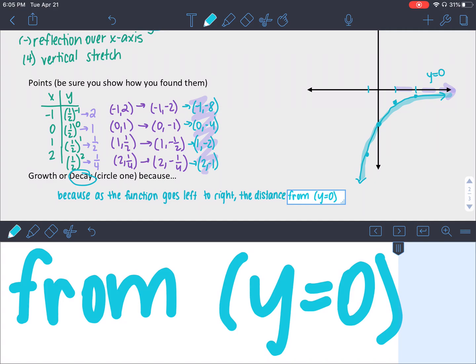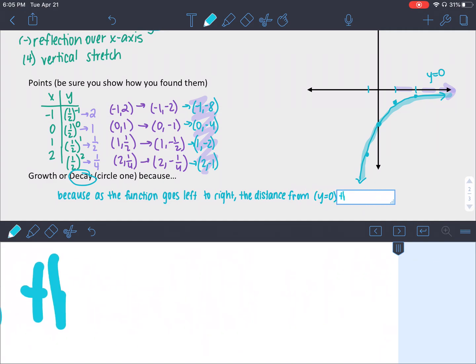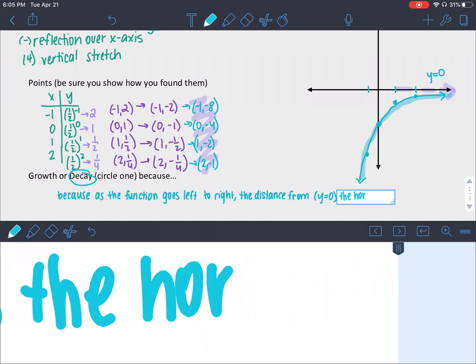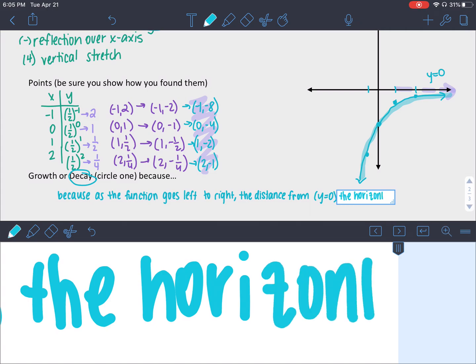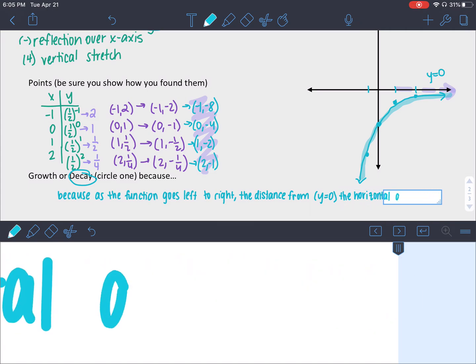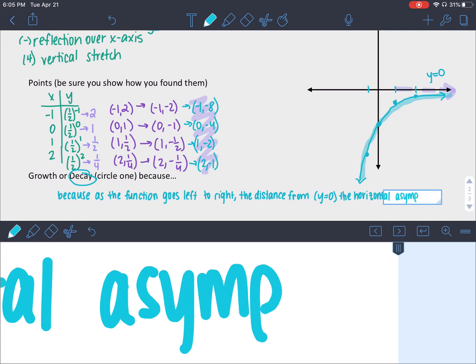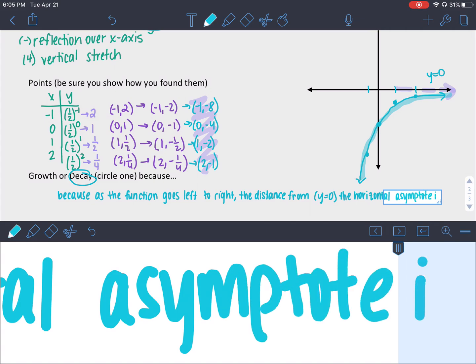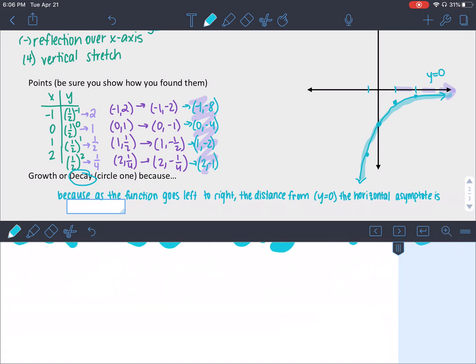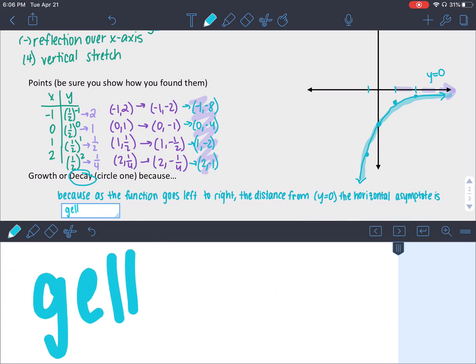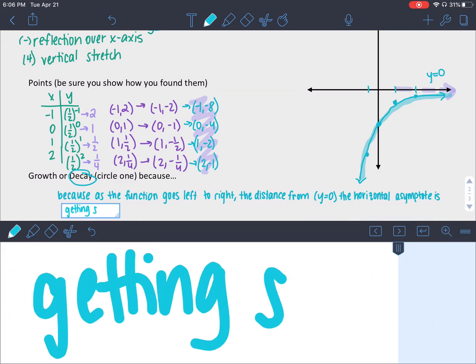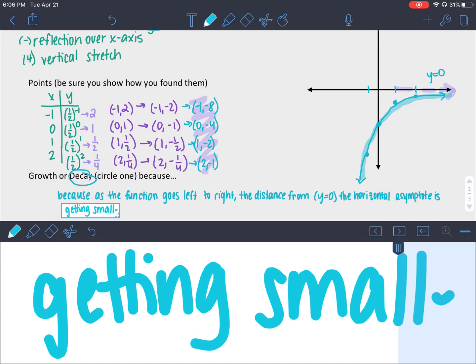You could also say the horizontal asymptote, because that's actually what it is, getting smaller. So either way, you could talk about the base or talk about the distance from the horizontal asymptote.